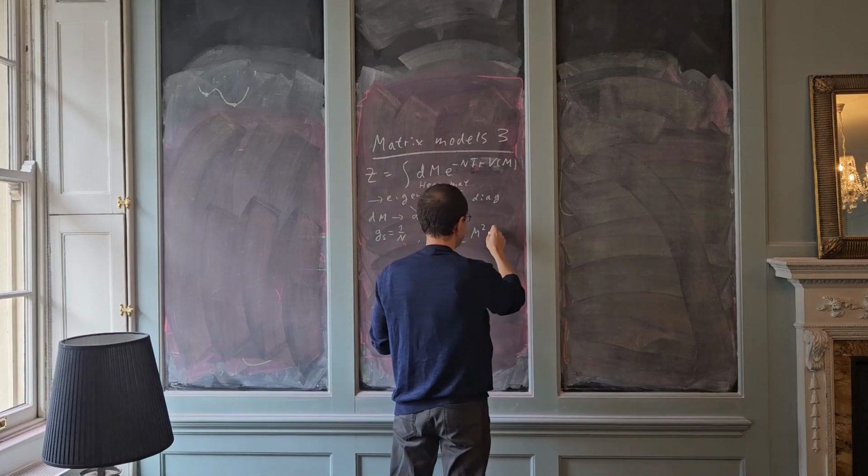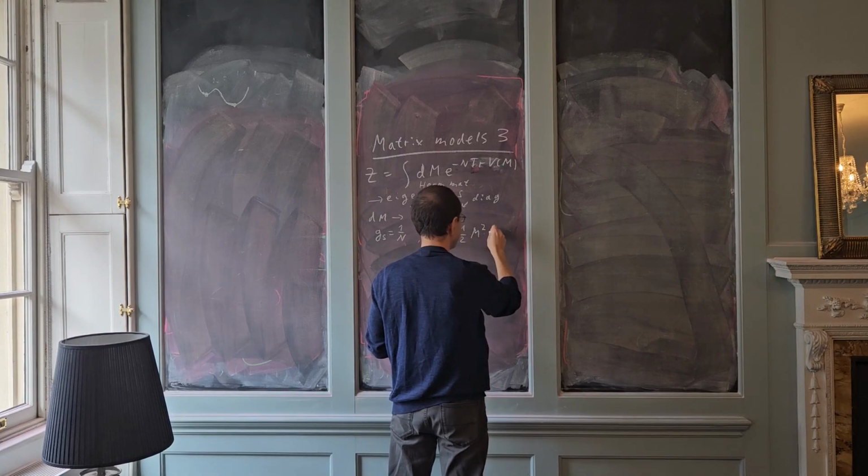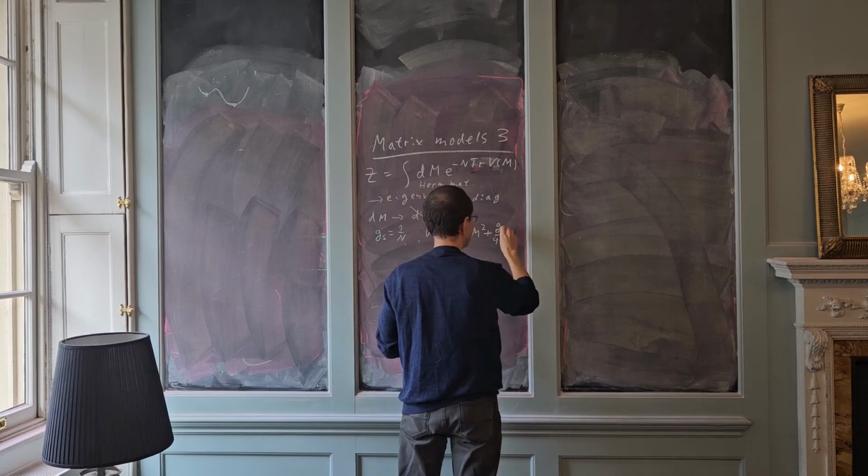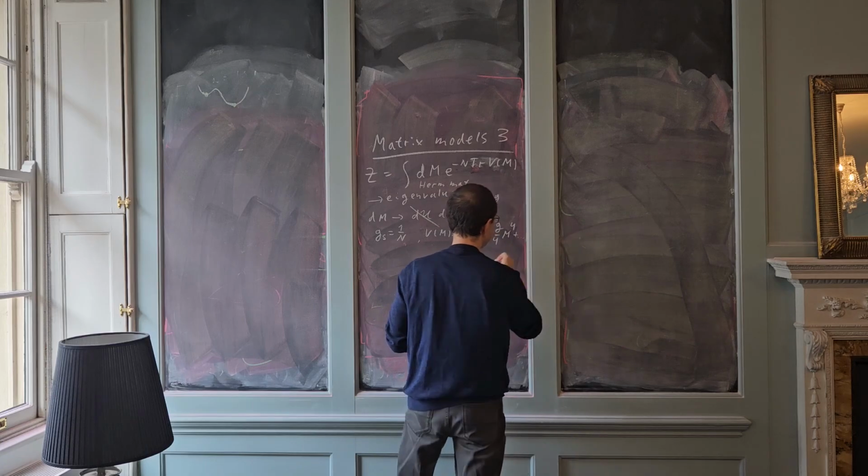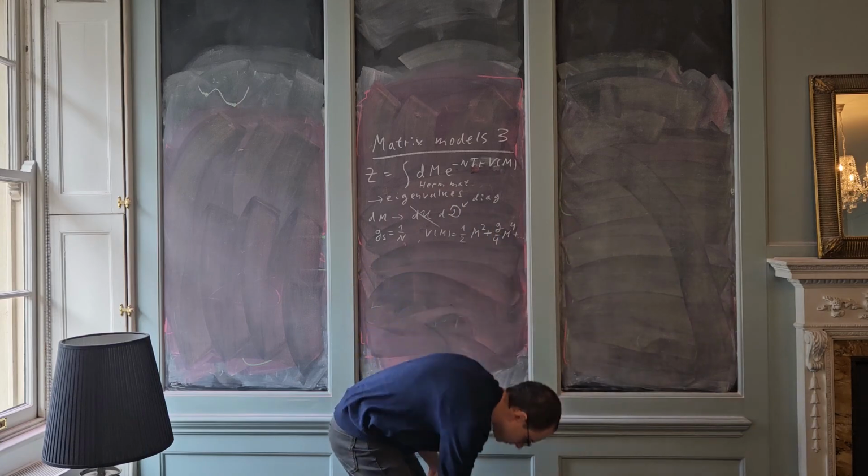Plus some terms, for example, plus g over 4 M to the 4, and so on, maybe a cubic term, so it will be a polynomial potential.